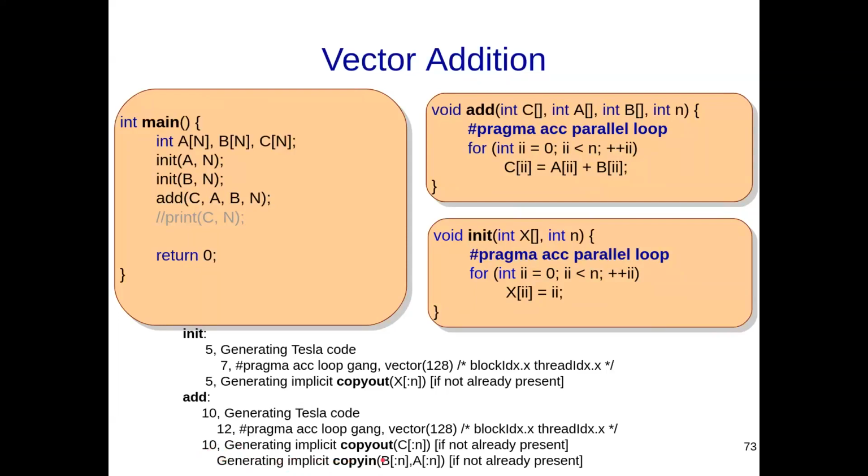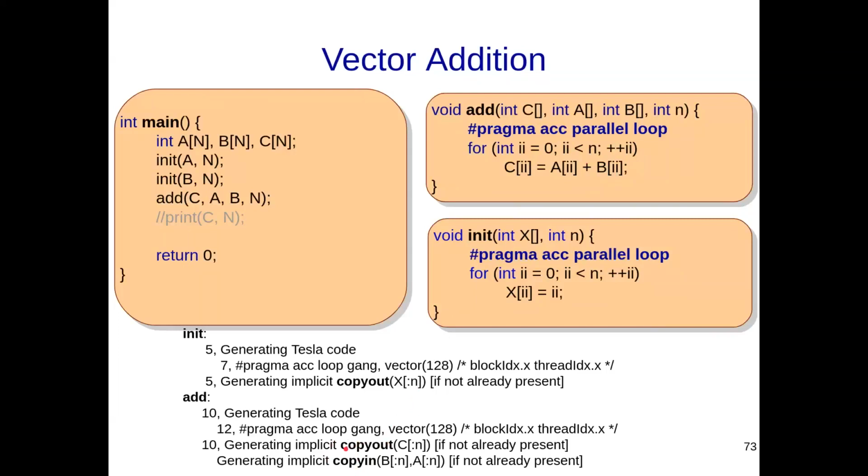It doesn't mean that first it will do a copy out and then it will do copy in, not like that. If it has to do copy in, that has to happen before this loop parallelization begins, because A and B are actually read inside this loop on the GPU, and the copy out is going to happen at the end of this loop. So don't worry about this particular order of these two statements.